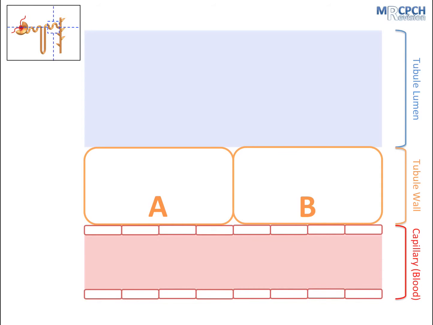It's very similar to the proximal convoluted tubule cells in that the carbonic acid formed from the filtered protons and bicarbonate is taken up by carbonic anhydrase 4, converted into water and carbon dioxide, which is then converted by carbonic anhydrase 2 in the cytoplasm to protons and bicarbonate.